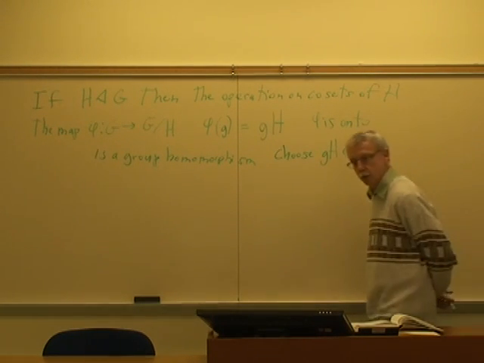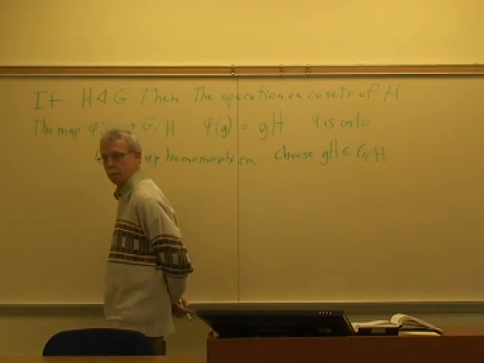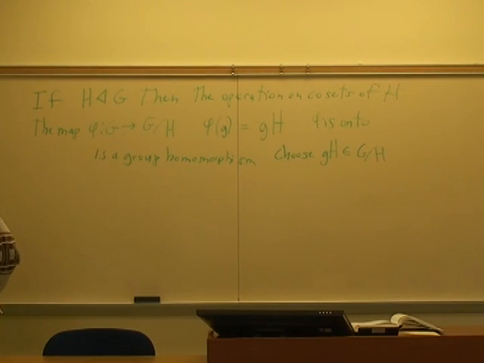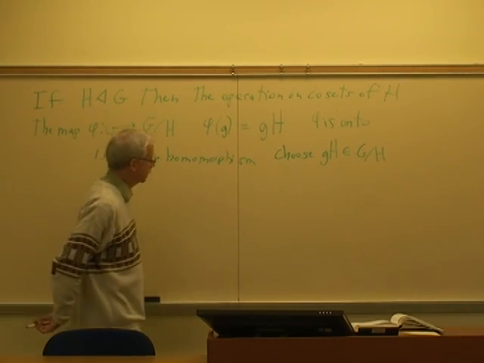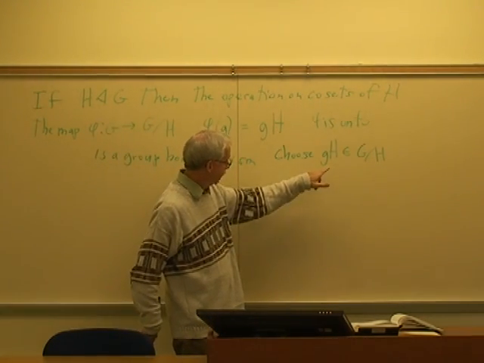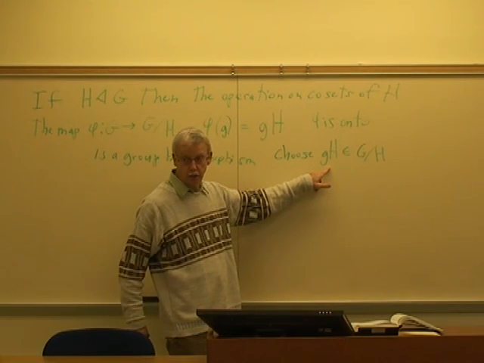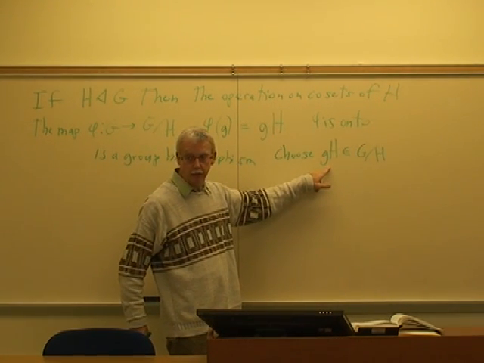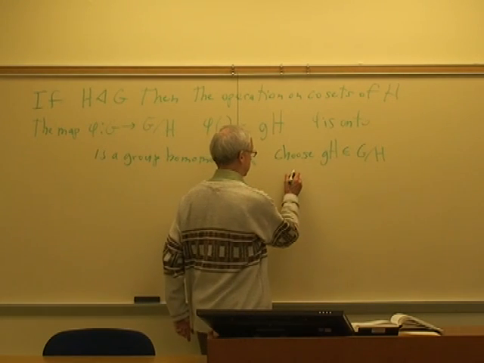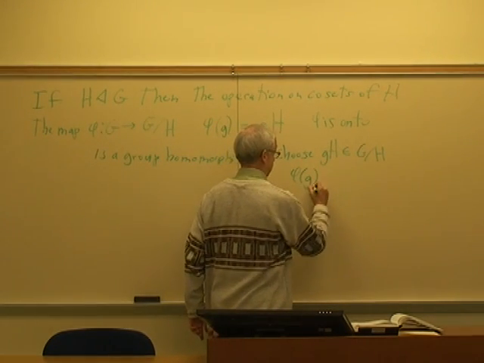To prove it's onto, what do I have to find? I have to find, this was an arbitrary element, I need to find somebody in G that gets sent here. Well, what is it, obviously? g.